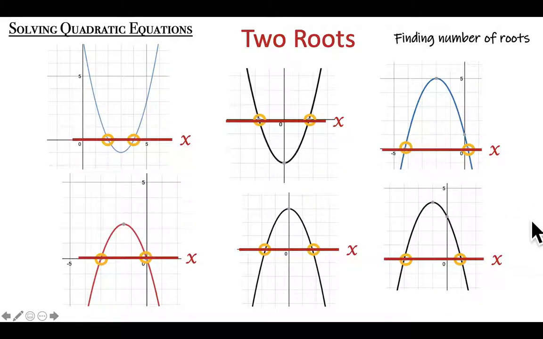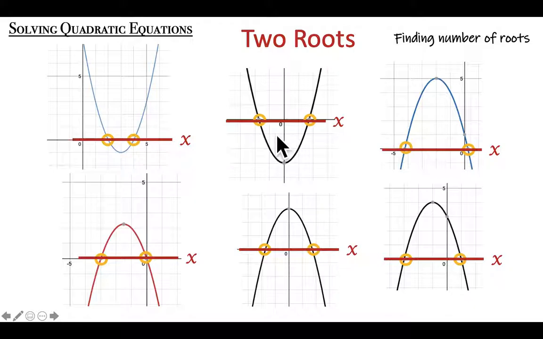Some of the parabolas open up, some of them open down. This one is symmetrical across the y-axis. This one resides mostly on the negative side of the x-axis. That's fine. It doesn't matter exactly where the parabola falls. It simply has to cross the x-axis twice, and it has 2 roots.